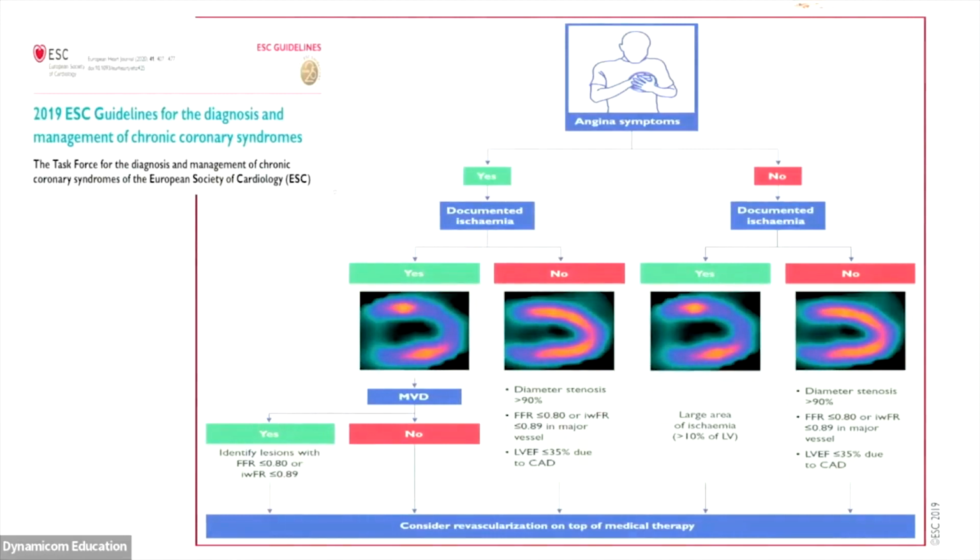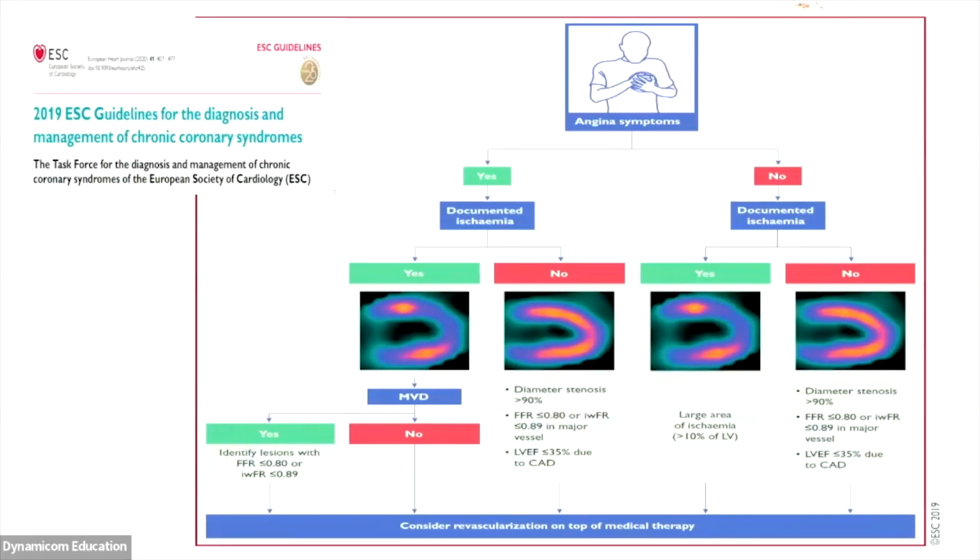The last ESC 2019 guidelines for management of chronic coronary syndrome: if the patient has angina and documented ischemia with multivessel disease, those patients should be considered for revascularization.